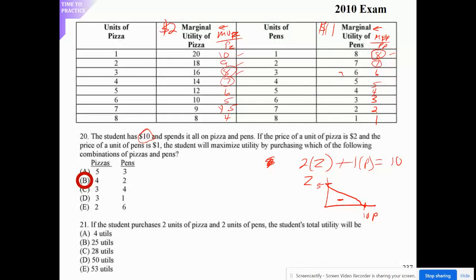Well, let's look here. 2 pieces of pizza would be 20 plus 18, which is 38, plus 2 pens, which is 8 and 5, 13. So that would be 51 total utility. So that should be answer E.